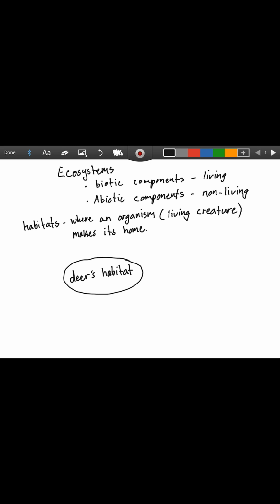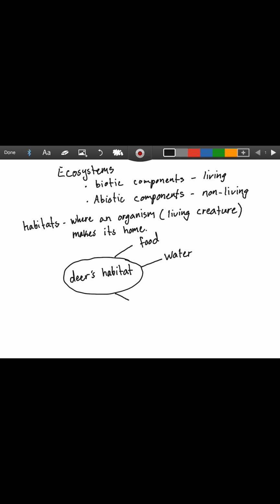The important aspects of a habitat are: where does the organism get its water? It turns out that living creatures really need water. Where does the organism get its food? Or is there enough food in this particular place?